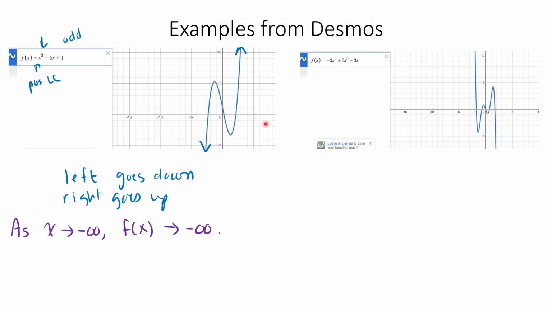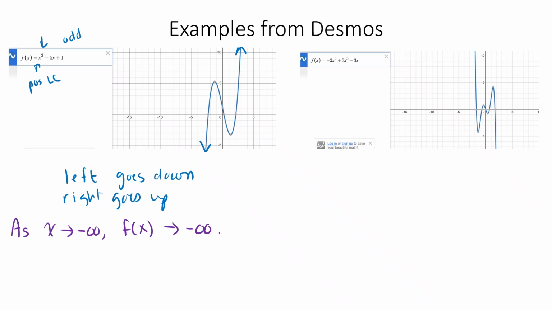If you look at your x-axis and you go towards negative infinity, if you trace where my pointer is, I am moving to the left. f of x is the same as y. That's a fancy way of saying down. So as your y approaches negative infinity, here's my y-axis. As I go to negative infinity on the y-axis, I am going down. So this is just a fancy way of saying left goes down.